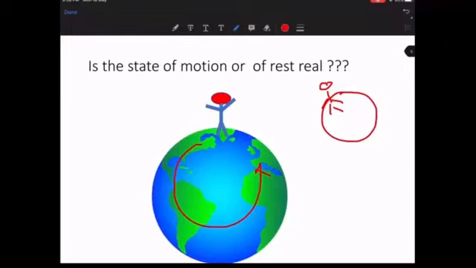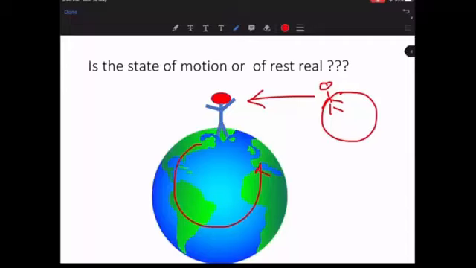However, to your friends sitting next to you and your teachers who are observing you, you are comfortably sitting in a classroom. That's why I said this state of motion or state of rest is an illusion and it all depends on who is observing you. What is the reference?